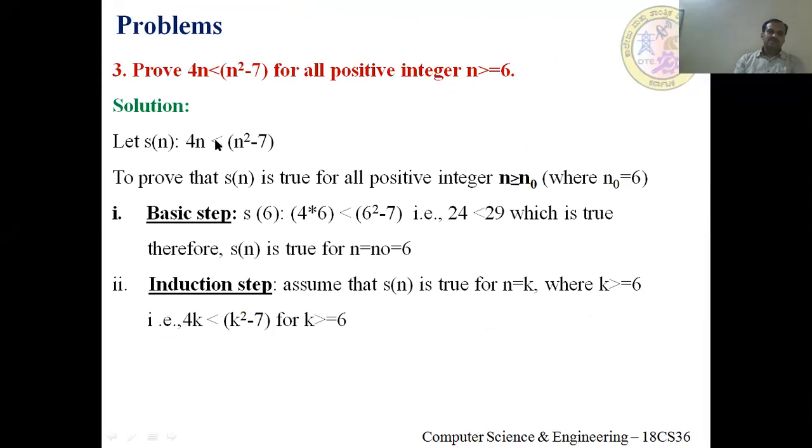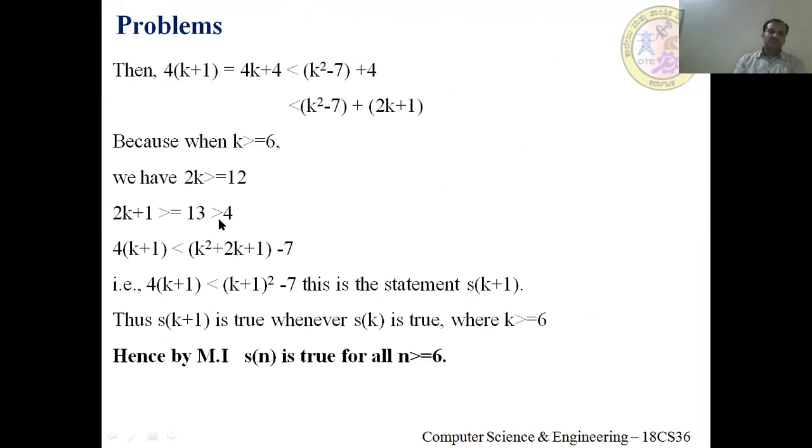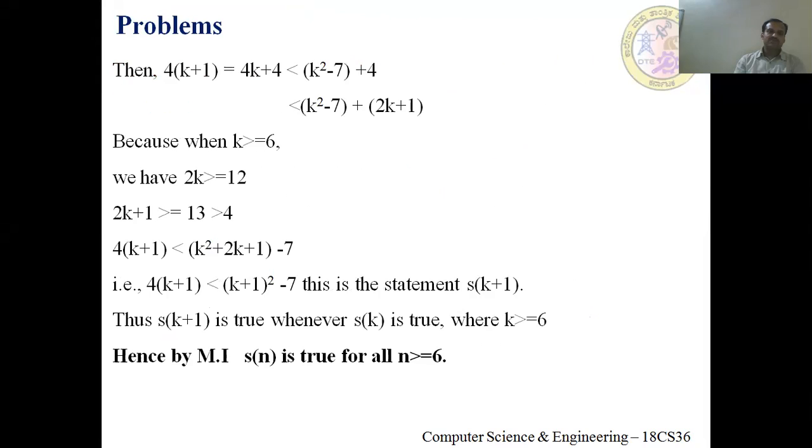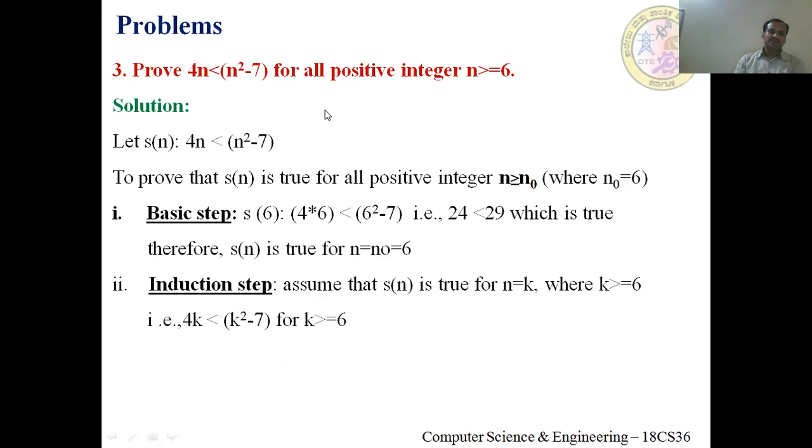See, consider the LHS. Wherever k is there, replace it by k plus 1. That is 4k plus 4, which is 4 of k plus 1, less than k square minus 7 plus 4. What we are trying to do here is add 4 on both the LHS and the RHS.